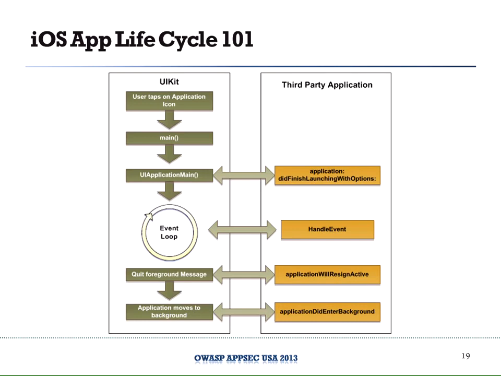The event that gets triggered when you start an app is application:didFinishLaunchingWithOptions. Since this is one of the first things that gets executed when you start an app, it's the most interesting place to start our injection. We want to swizzle this method and change the implementation to whatever we want.